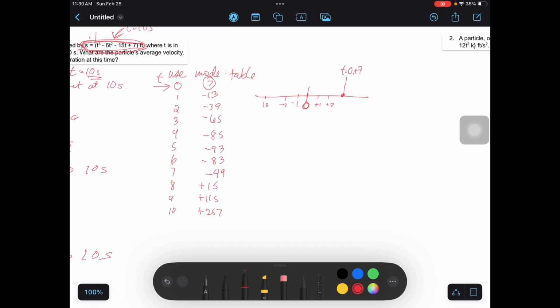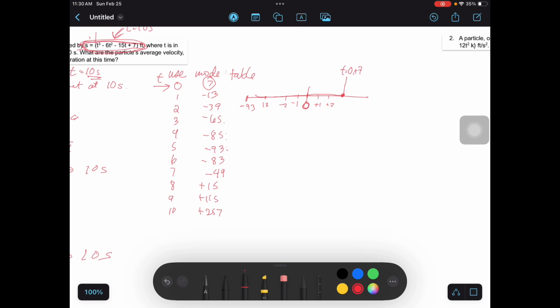Nasa negative 13 siya. From dito, nag-left turn siya hanggang sa negative 93. So, negative 93, 5 seconds. After 5 seconds, siya nakapunta doon.